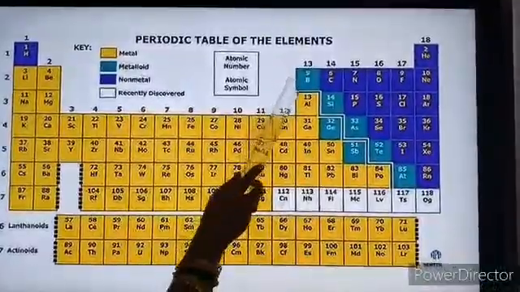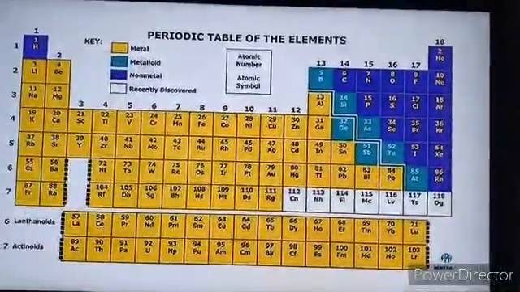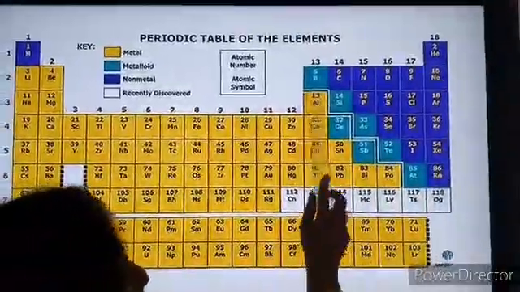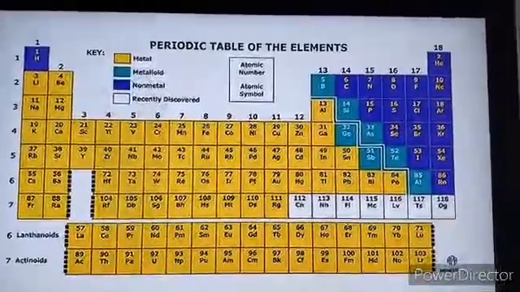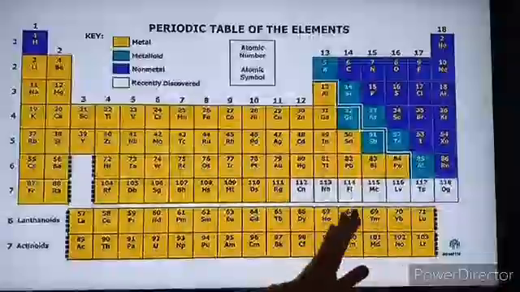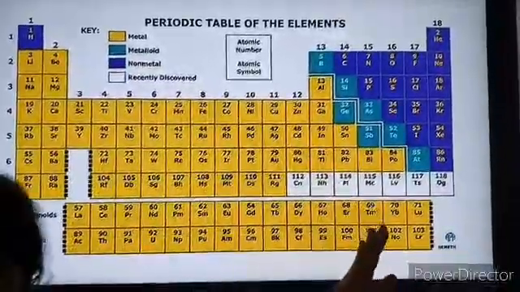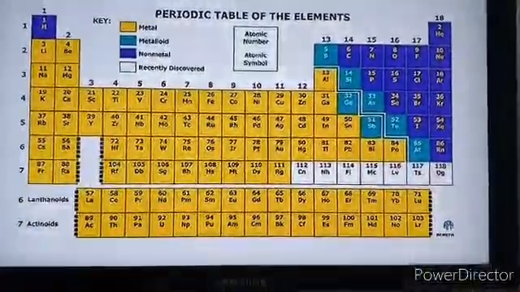And those in sky blue, can you see a few elements, are metalloids. And those in blue boxes are all non-metals. So you can see the percentage of metals in the table. The majority of the elements are metals, only some are non-metals.